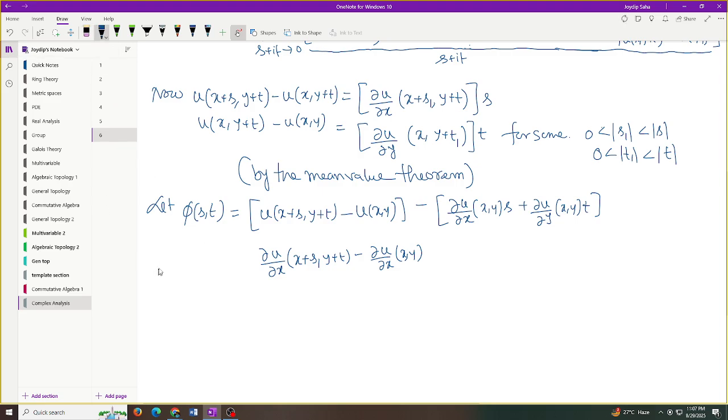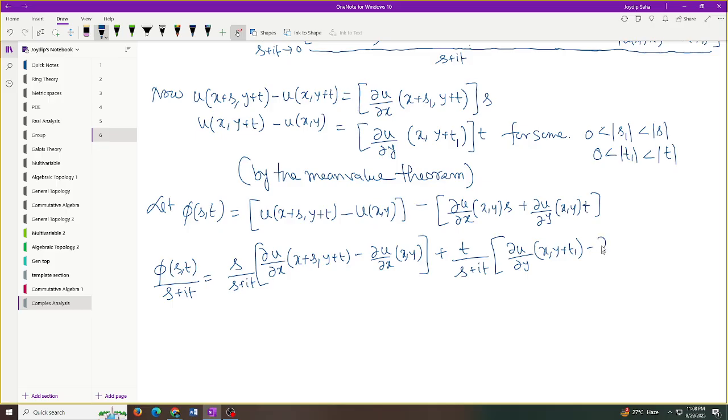I write phi(s,t) by s plus it, that is, s by s plus it times that, just calculation, plus t by s plus it times del u del y at (x, y plus t1) minus del u del y at (x,y).